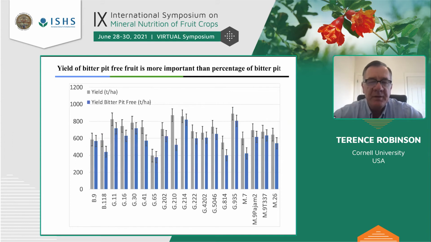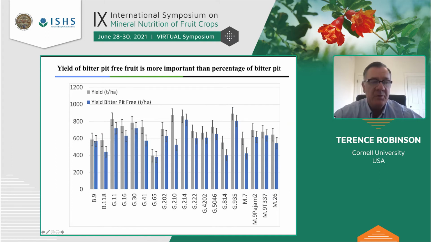When we compared in this experiment the cumulative yield over 14 years and used that bitter pit incidence to calculate bitter pit free fruit, we came up with the results in this chart. The main point with this chart is to look at the difference between cumulative yield and bitter pit free yield.